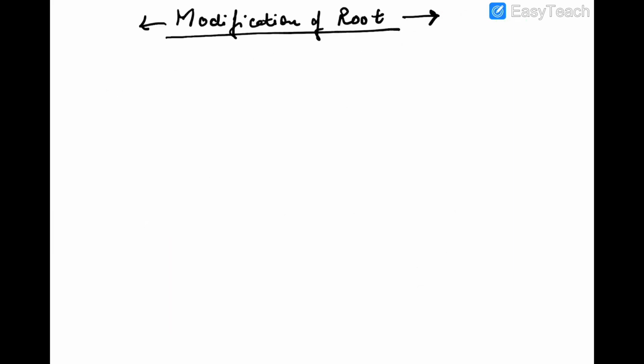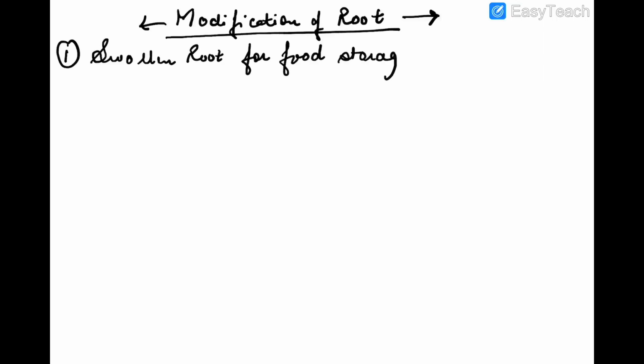Now let us look at modification of root. The major function of root is absorption of water and mineral. But apart from this, it also has many functions. For example, number one is swollen roots for food storage. The roots which do the function of food storage.